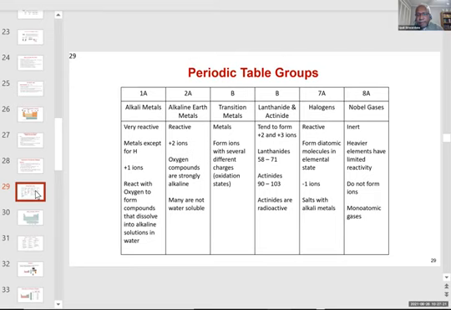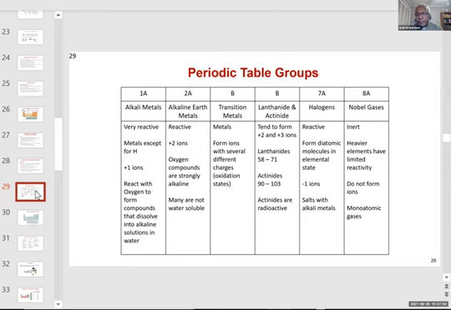Actinides are 90 to 103. Actinides are radioactive. Atoms with atomic number greater than 83 are radioactive. That means they decay. They release radiation.